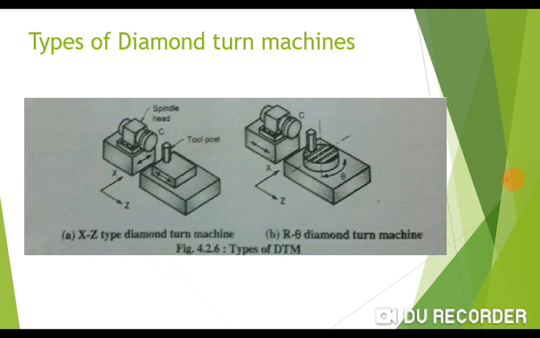In the R theta diamond turn machine, rotary motion is provided to the tool. These machines are suitable for machining circular arc shaped components. The rotary motion of the tool enables the tool to remain normal to the surface being machined. However, the tool wear is very high as compared to the XZ machine.